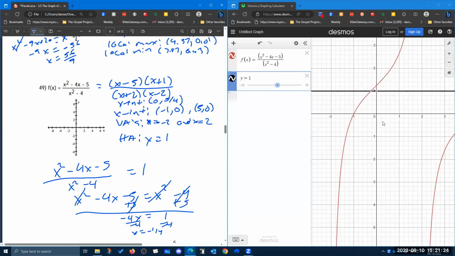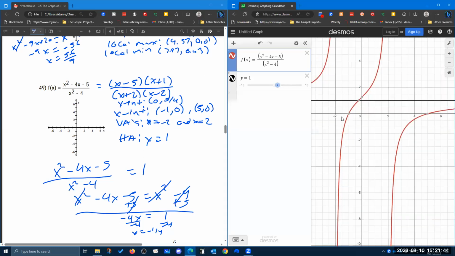So it's right there at negative 1/4. That's where it crosses through. And that's very close to the y-intercept, but it's not the same thing. So don't make it go through the y-intercept. It's a little to the left and below that.